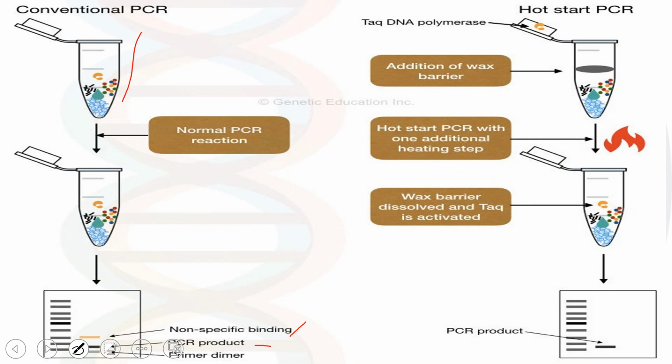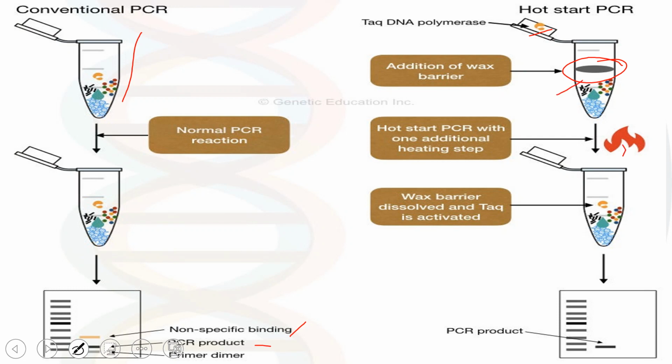Then in the case of Hot start PCR, here you can see one of the components, that is the wax. This wax works as a barrier, which does not allow Taq DNA polymerase to come in contact with the DNA template. So extension will not happen.